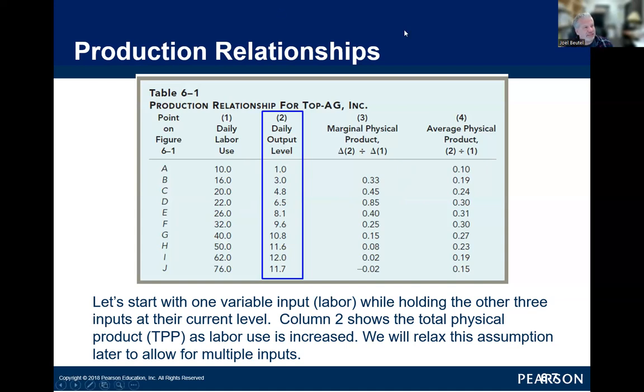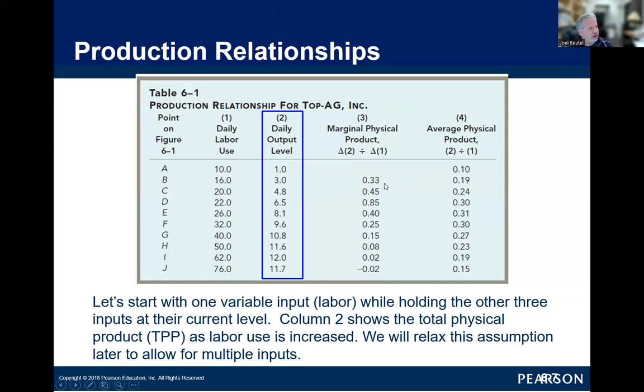So column 3, we're going to derive the marginal physical product. And we do that by taking the change in column 2 divided by the change in column 1. And so if you do that, you end up with 3 minus 1, which is 2, and 16 minus 10, which is 6, right? And so you have 2 over 6, and that gives you 1/3, or approximately 0.33.